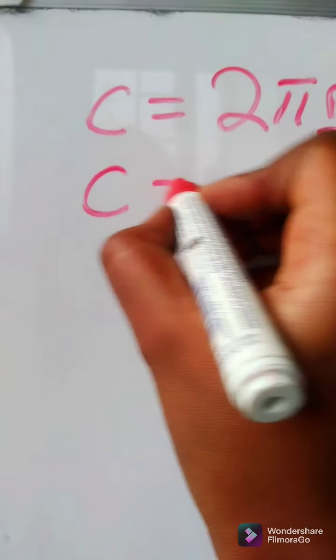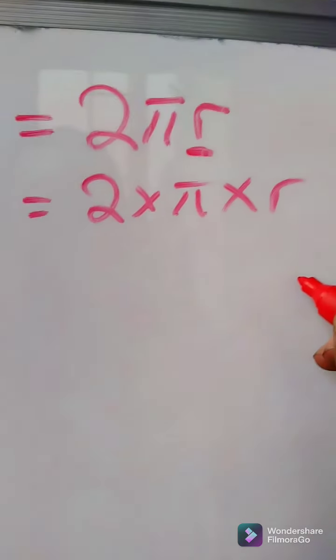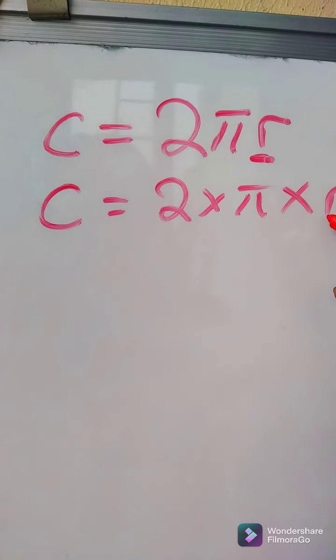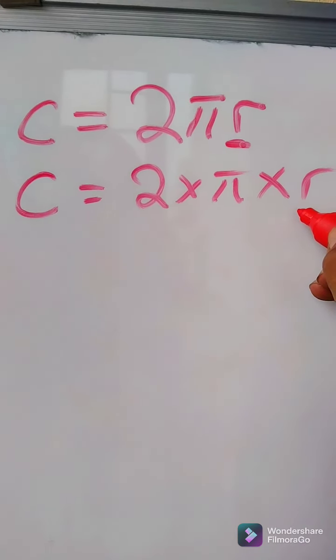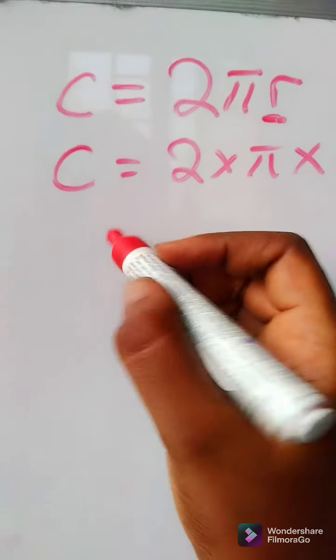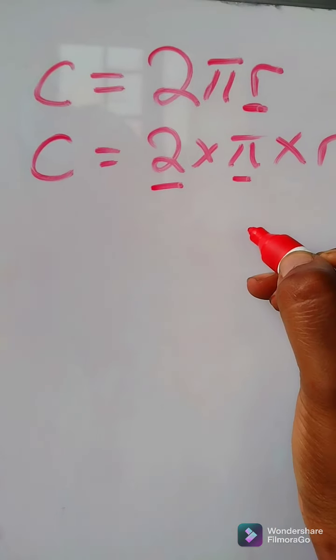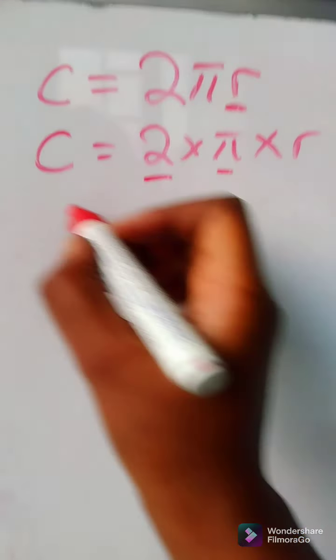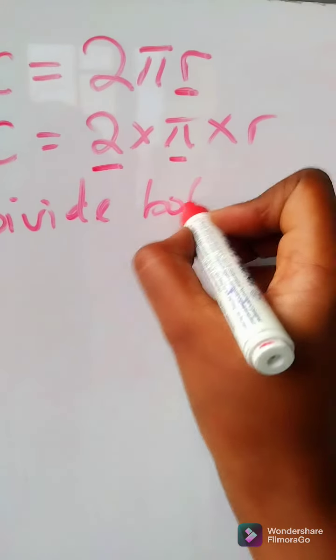That is, if we write it to have 2 times pi times r. So how do we make r isolated on one side? It means this multiplication will become a division. So we say divide both sides by 2 pi.